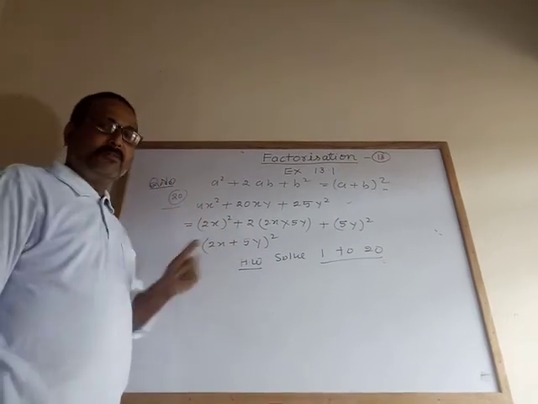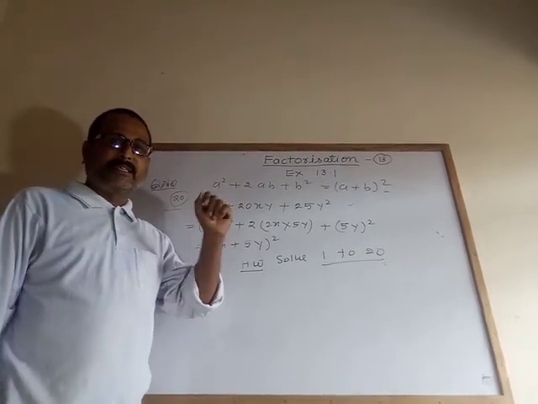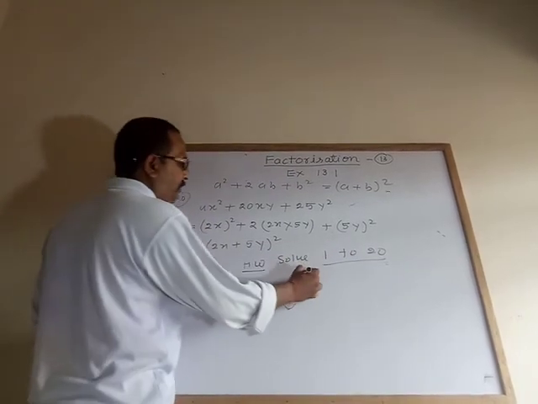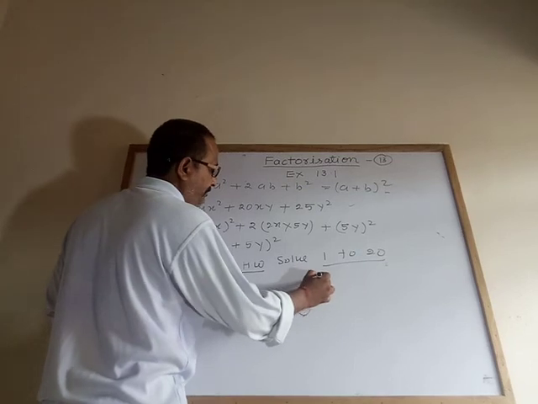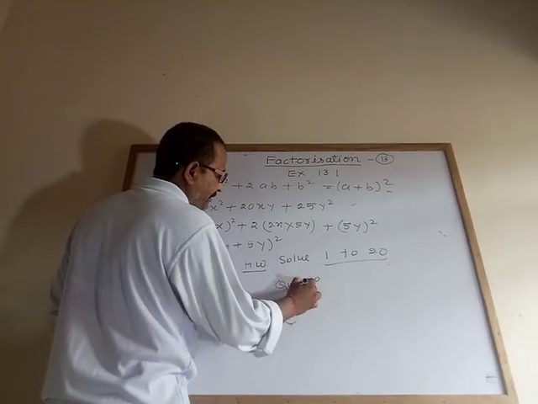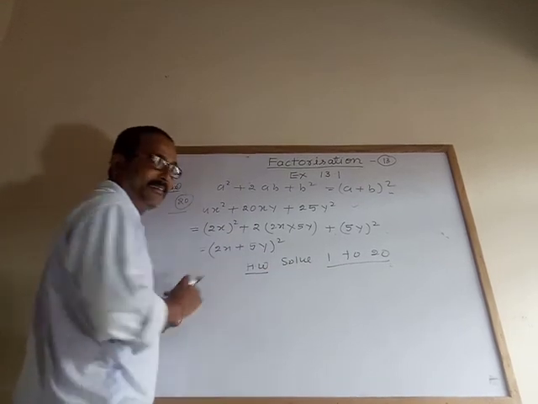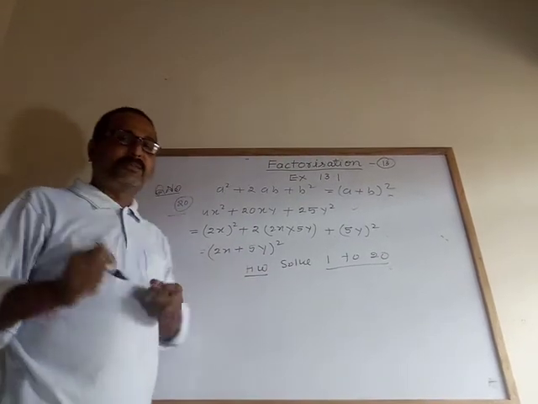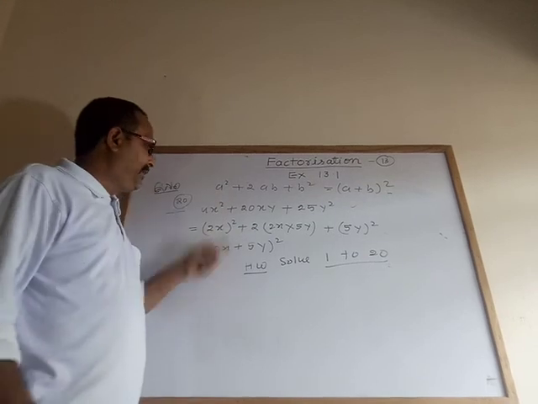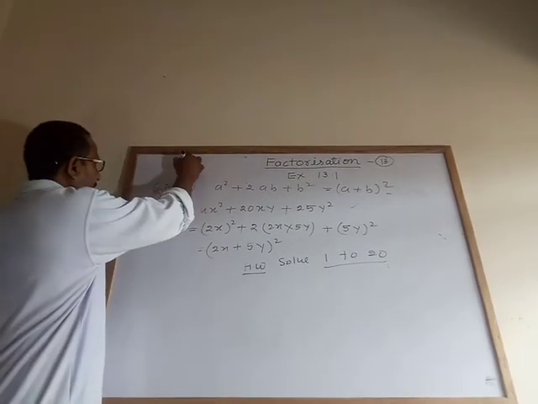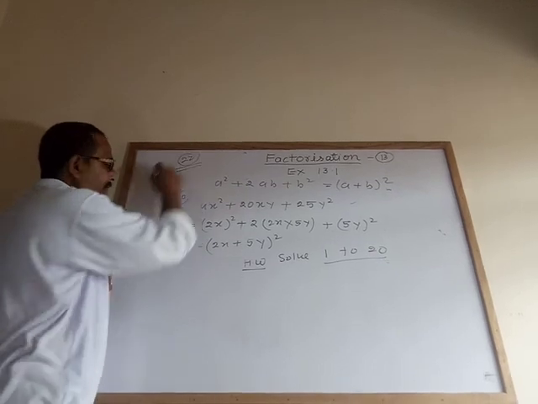You have to solve only the odd number questions, 1, 3, 5, 7, which means your homework is only 10 questions. First you solve it, then from 22 I will explain in my next video.